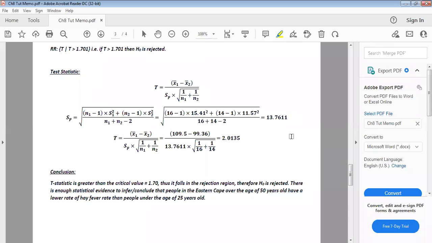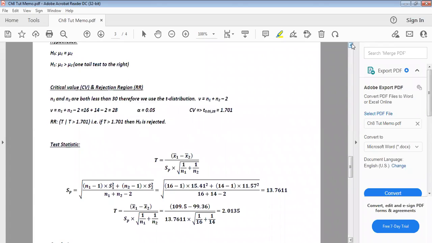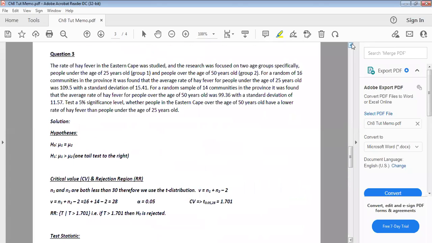Question 3 said the rate of hay fever in Eastern Cape was studied, and the research was focused on 2 age groups, specifically people under the age of 12 years.